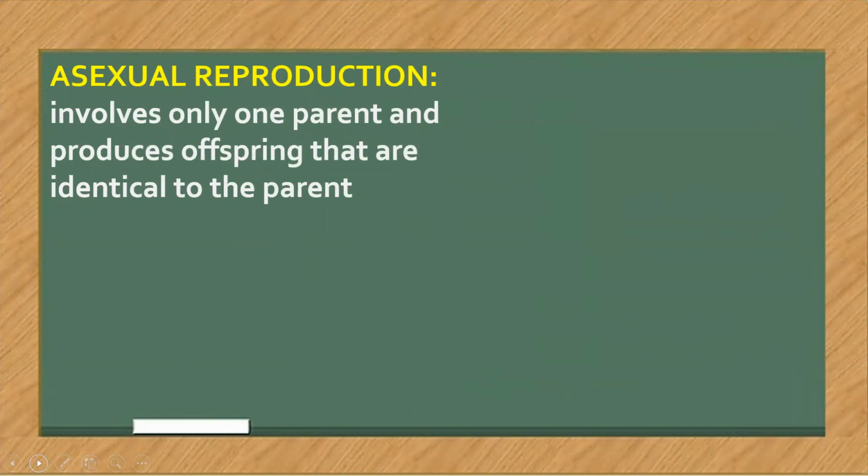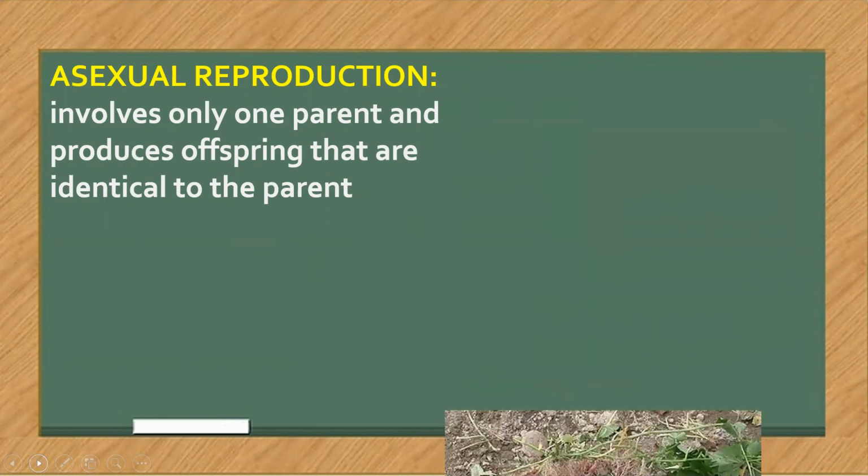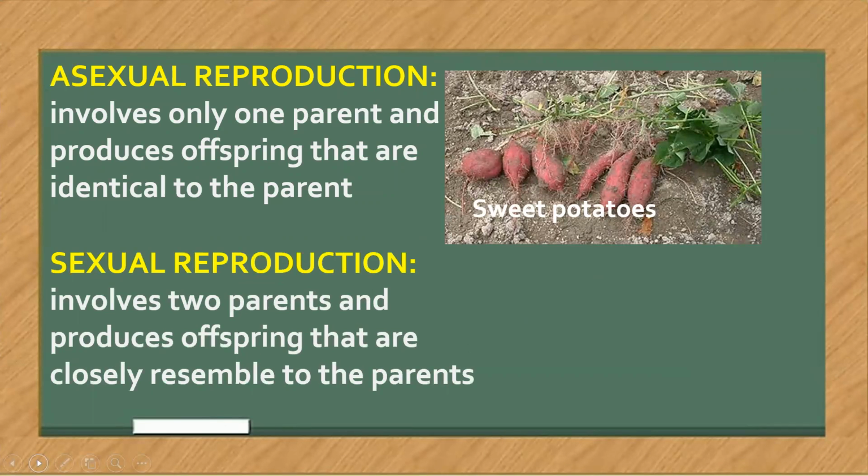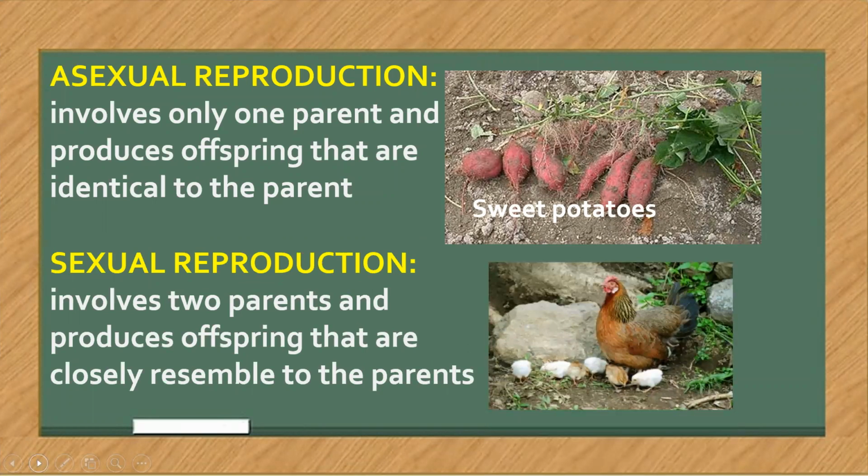Asexual reproduction involves only one parent and produces offspring that are identical to the parent. Some plants, such as banana and sweet potatoes, reproduce by asexual reproduction. Sexual reproduction involves two parents and produces offspring that closely resemble the parents.